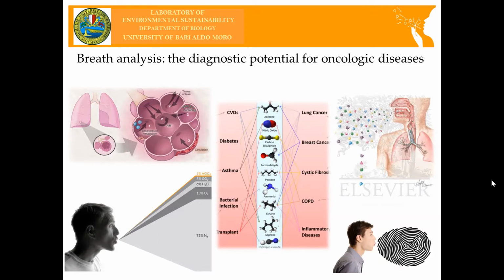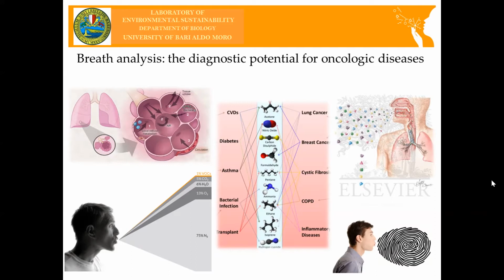VOCs in the exhaled breath, to date estimated in over 3,000, can originate from two main sources: exogenous volatiles that are inhaled or absorbed through the skin and then exhaled by the subject, and those endogenously produced by different biochemical processes.